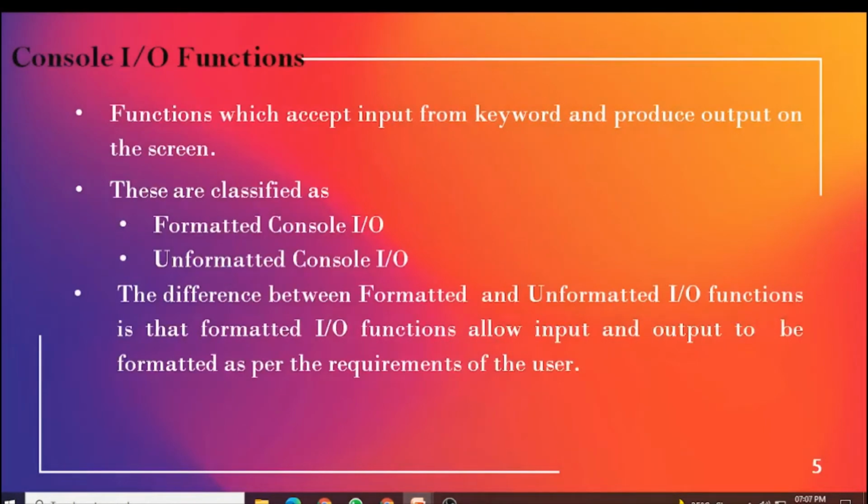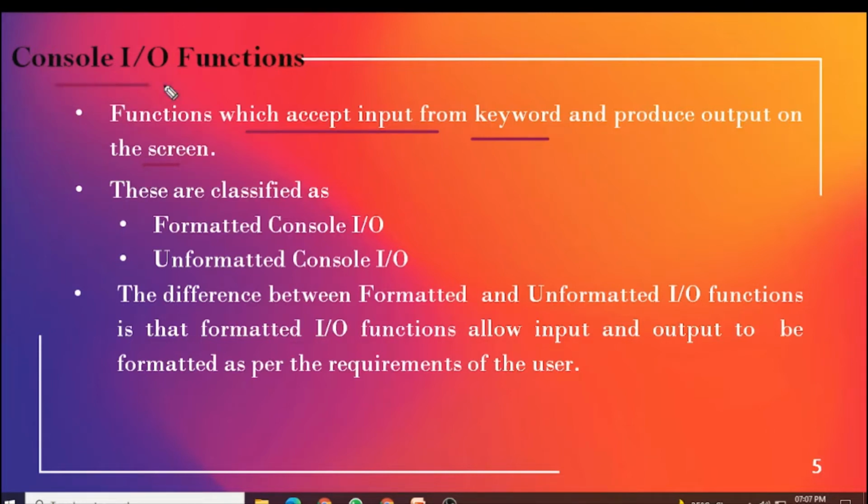Console IO functions are the functions which accept input from the keyboard and produce output on the screen. That means the keyboard, the standard input device, is used to give the input to the computer, and the output is produced on the standard output device, that is the screen.